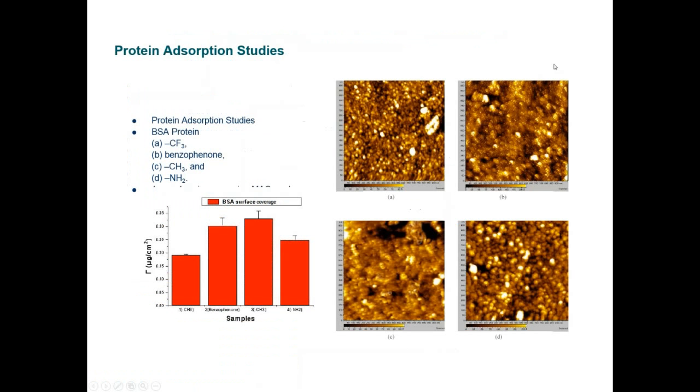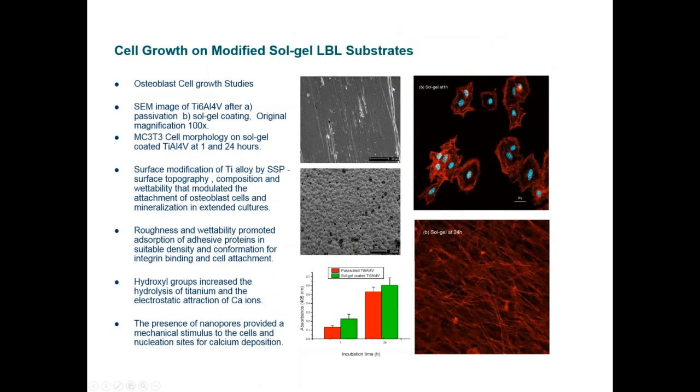Again, AFM is a vital tool that allows us to look at the morphology, compare that with the roughness and the wetting, and then calculate the surface coverage. And then finally, because of this controlled chemistry at the surface, we are able to use sol-gel layering in order to control the growth of cells or non-biofouling properties of cells on the surface.